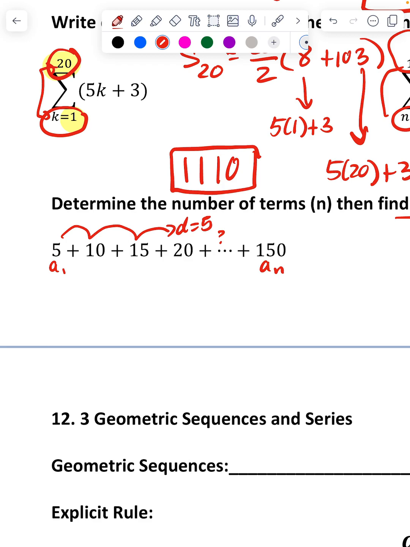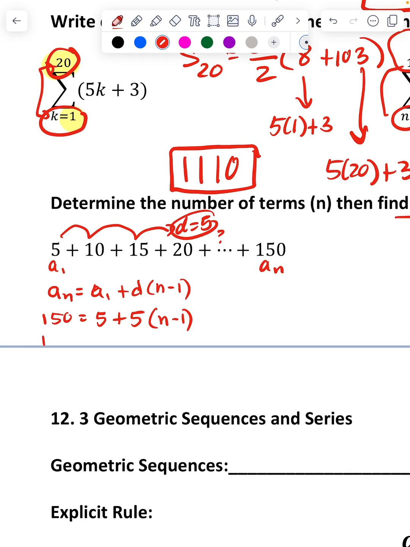So when I use my formula, A sub n, which I don't know, actually that's not true, I do know, it's 150, sorry, is going to equal my first term, which is 5, plus my common difference, which is also 5 from up here. And then we always do n minus 1 times. Well, I don't know how many terms there are, so I leave that as n minus 1.